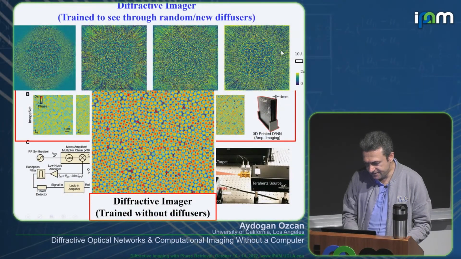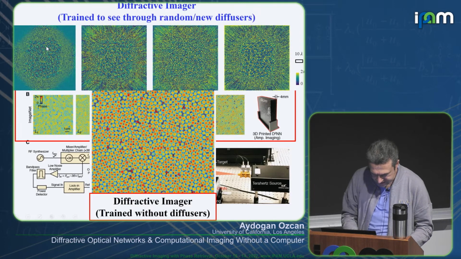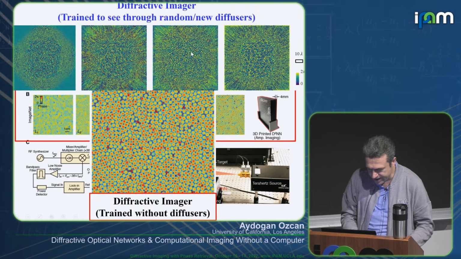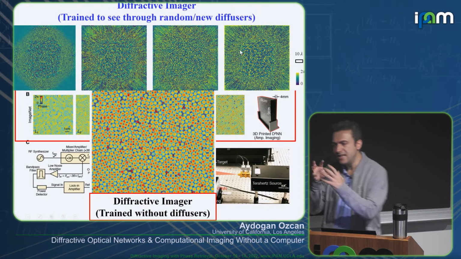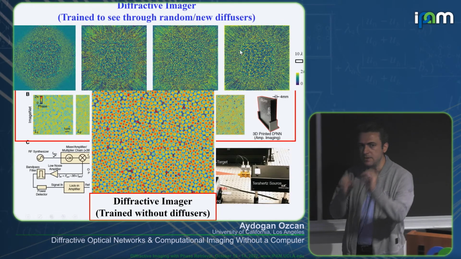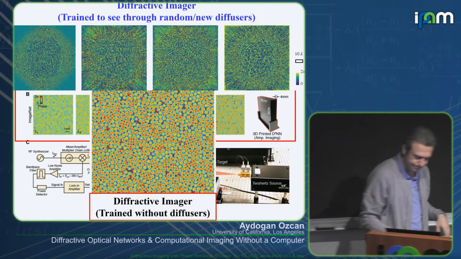This is trained without diffusers. If you look at what we've converged with diffusers, it has the same characteristic. So if you look at the design of the diffractive layers when we train them to see through diffusers, you see the same microlens array from one layer to the next layer to the next layer. You have a self-aligned and self-assembled microlens array, but this time they're slightly separated from each other.